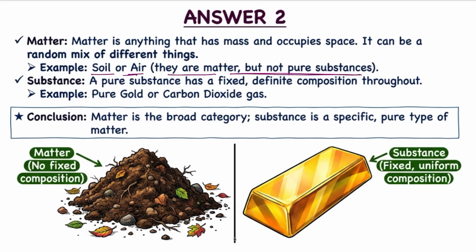But a pure substance has a fixed, definite composition throughout. Example, pure gold or carbon dioxide. So this is gold, and carbon dioxide gas is having uniform composition. And on the other side you have matter, which is soil, which is not having fixed composition.